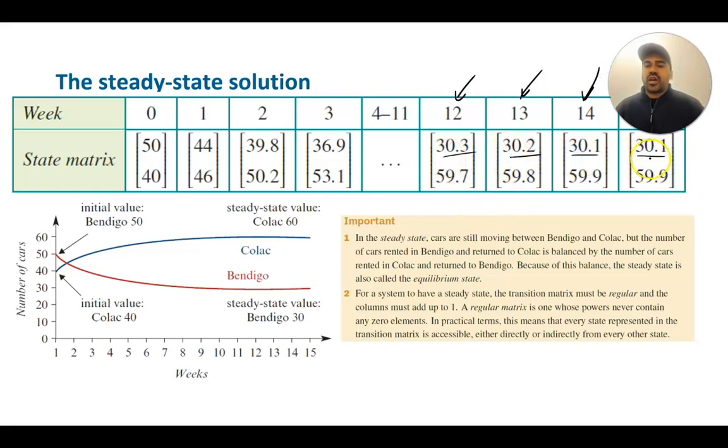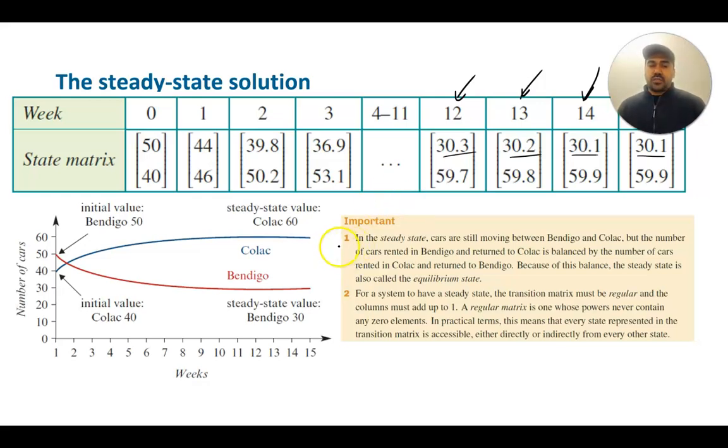So what actually happens is it hits this nice equilibrium state. If we're taking this Bendigo-Colac example, the cars are moving. So when cars are getting hired out, some cars are returned back to Bendigo or go to Colac and vice versa. It doesn't necessarily mean that nothing's happening. Action is happening, but it balances itself out.